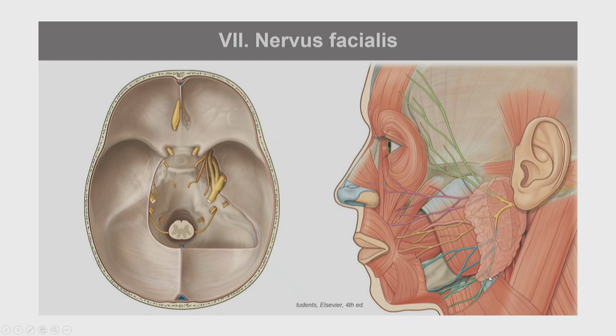One or a few fibers go to the neck region, and that's why they call it the cervical branch of the facial nerve.